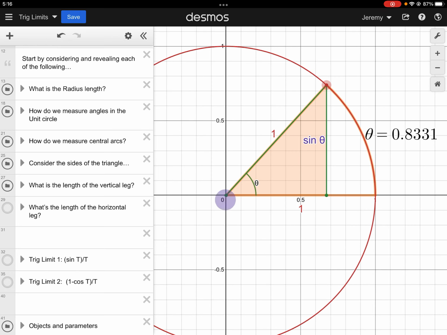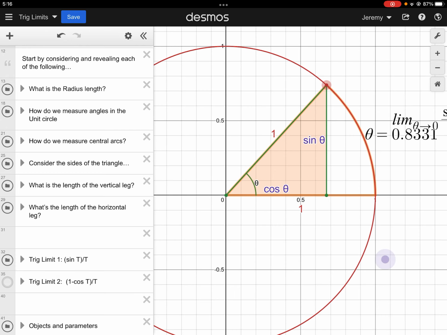We have adjacent, and the hypotenuse of this triangle is 1. Adjacent over hypotenuse is cosine. So the length of this, from this 0 to this point right here, the length of that leg is cosine. Okay? That's why the coordinates of a point on the unit circle is cosine in the x direction and sine of the angle in the y direction.